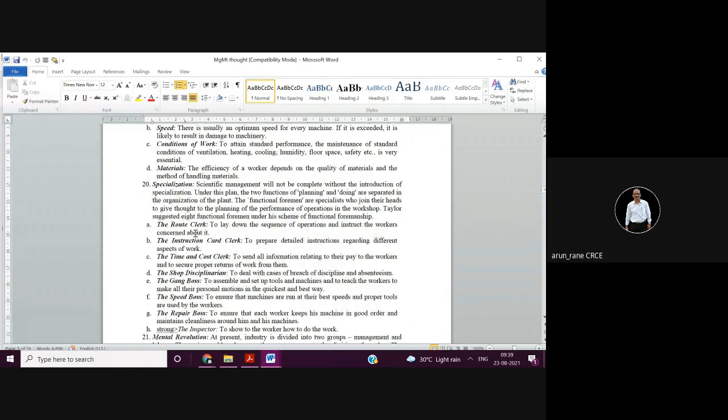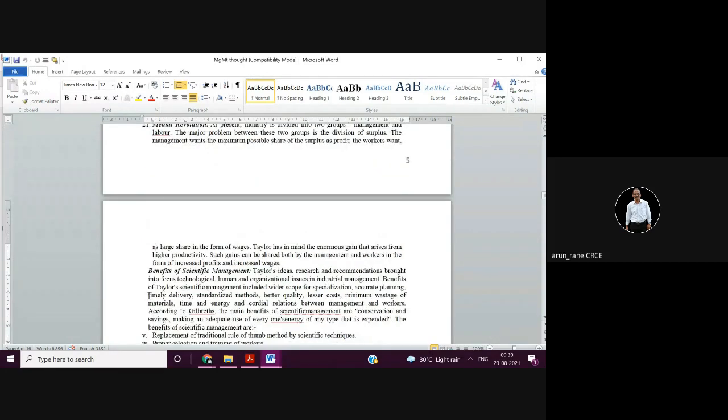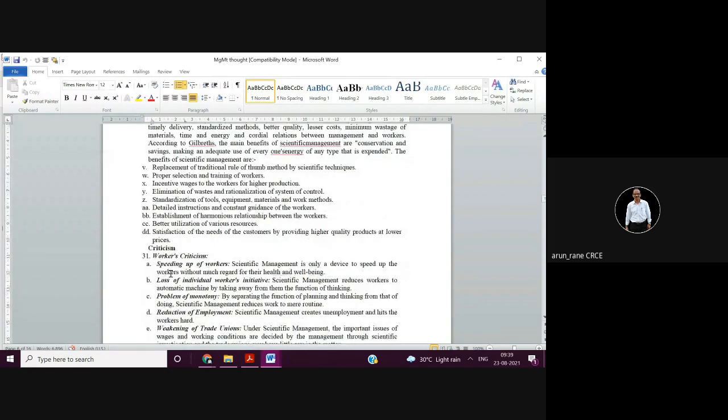Taylor's main contribution was time study and method study. What are the benefits of scientific management?